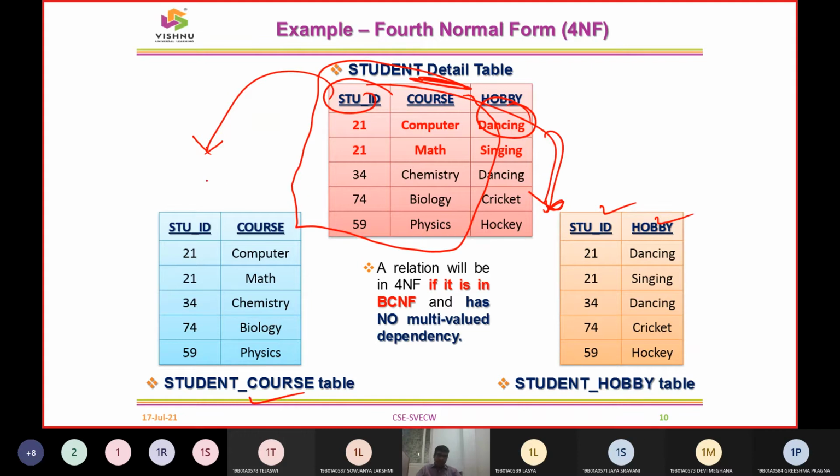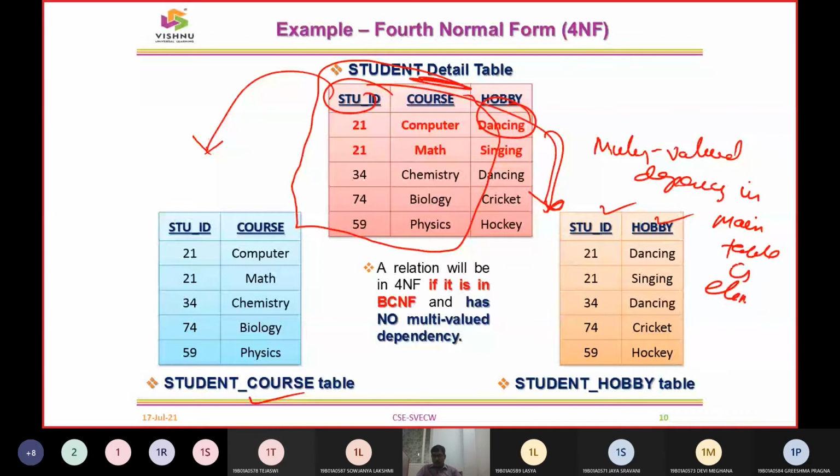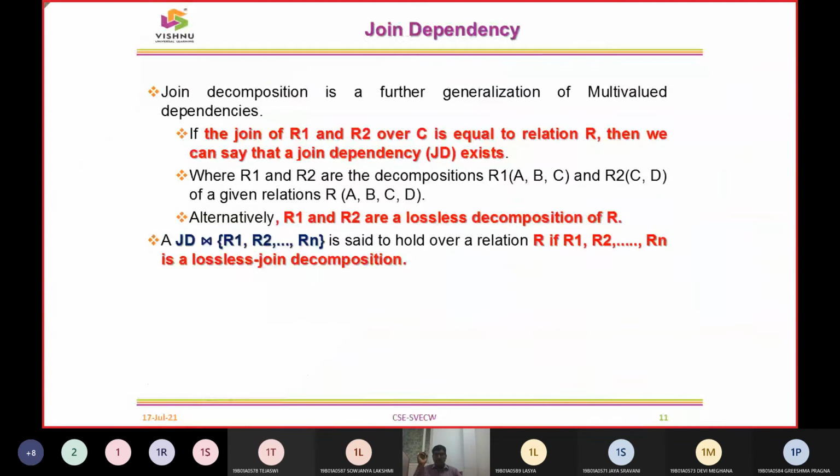So now you should understand that the multi-valued dependency in the main table is eliminated by decomposition.